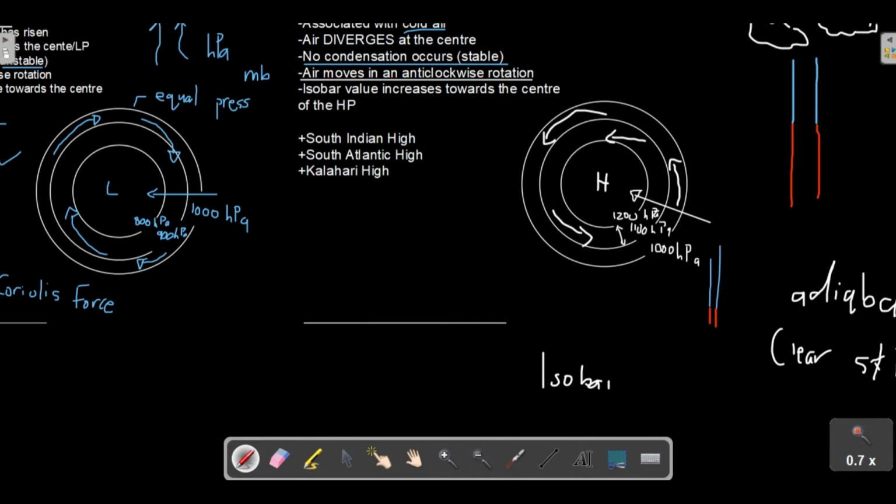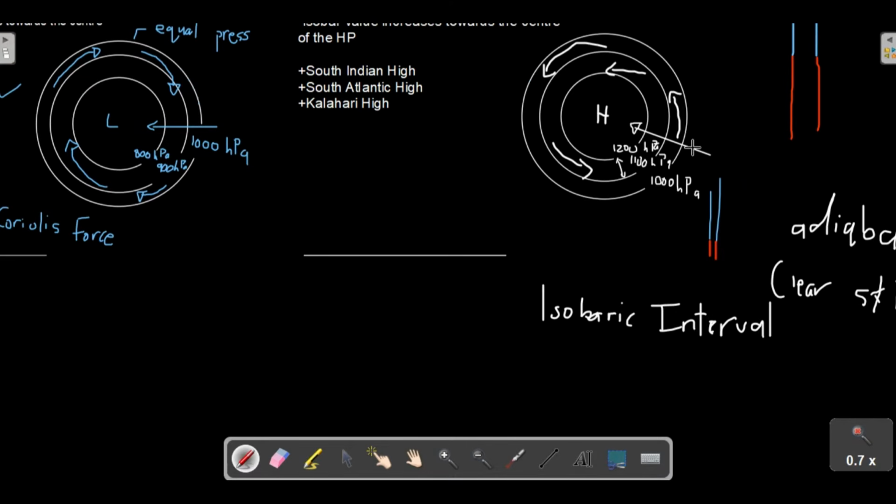If you look at these isobars or this anticyclone, you can see that the pressure is increasing by increments of 100. So you basically just take one isobar and the next isobar, and you look at the difference there.